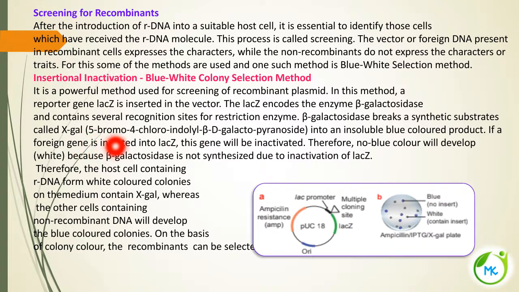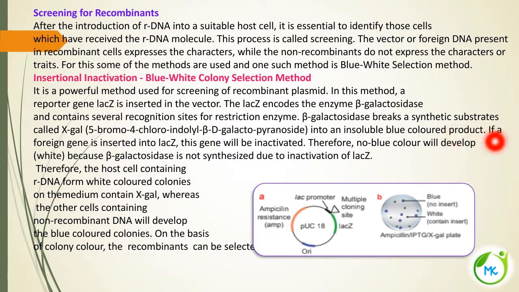It is 5-bromo-4-chloro-indolyl beta-D-galactopyranoside. This is the synthetic substrate which is called X-gal. This enzyme can convert the X-gal into an insoluble blue colored product.